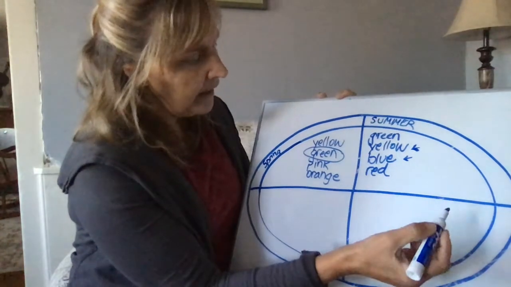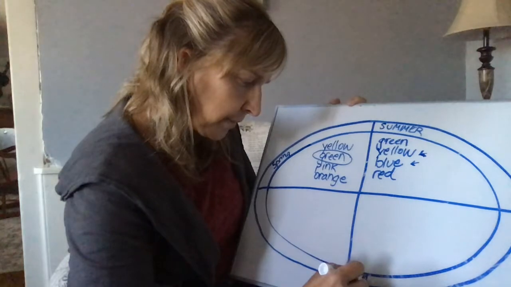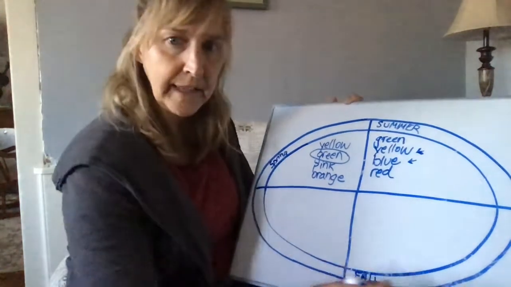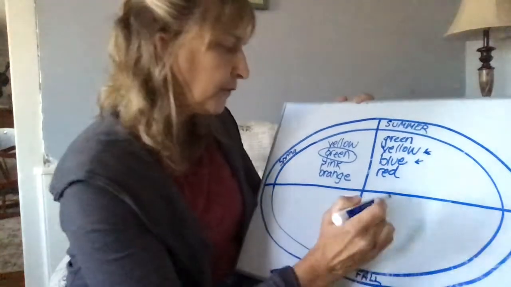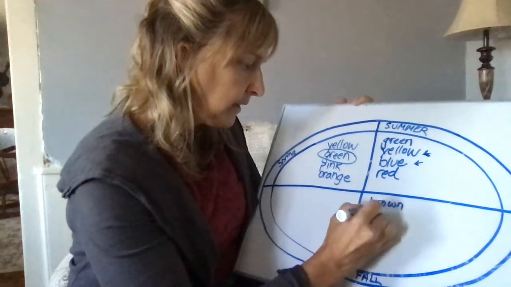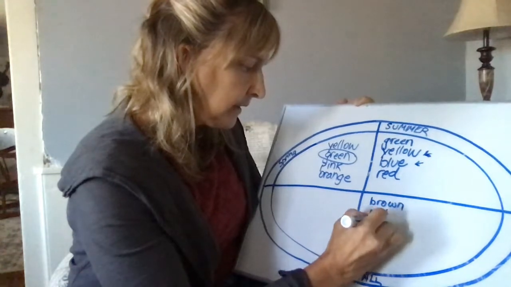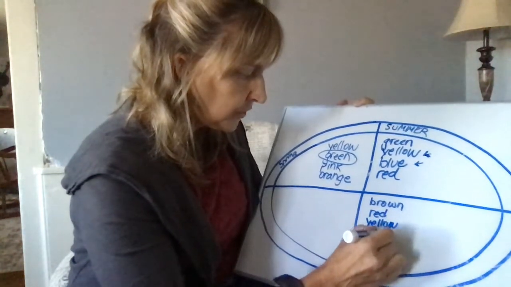Okay. The next one takes us down here, and this is going to be fall. I'm going to put that down here in that label at the very bottom. Let's brainstorm some colors for fall. We'll say brown and red and yellow and orange.